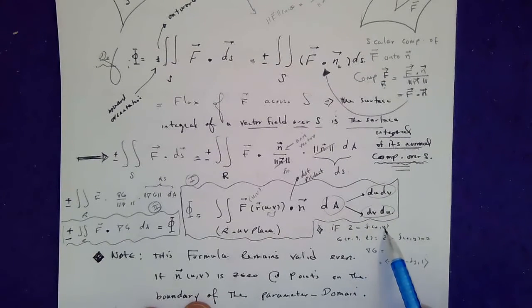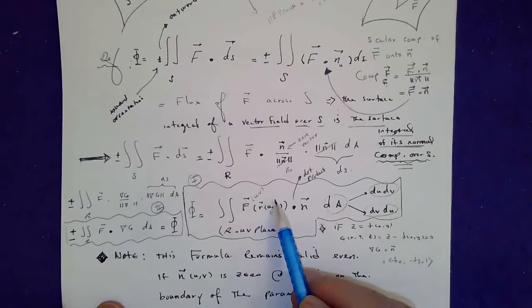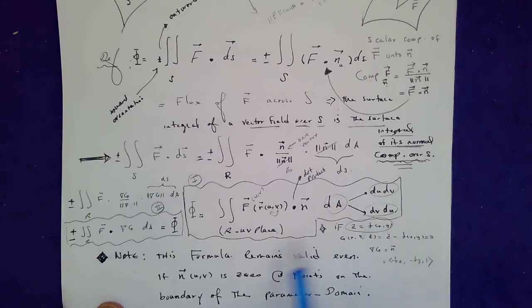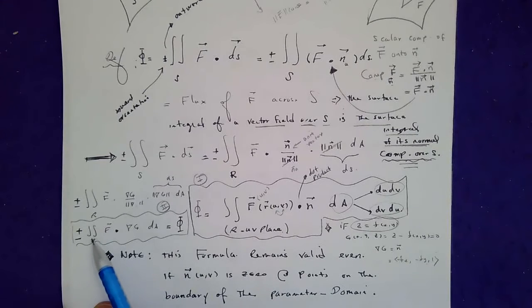However, there's a special little case here. If z is a function of xy, then as I said, form this equation, set this equation equal to 0, call it capital G, take its gradient, and that would give you the normal vector to the surface. So this formula, in case you have these kind of equations, will give you plus or minus double integral f dot gradient of g dA.